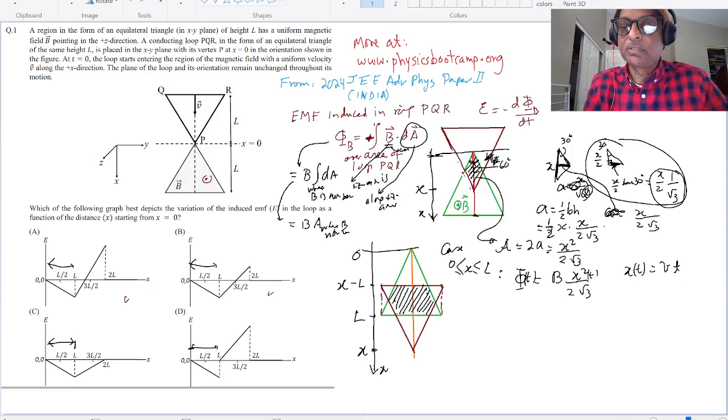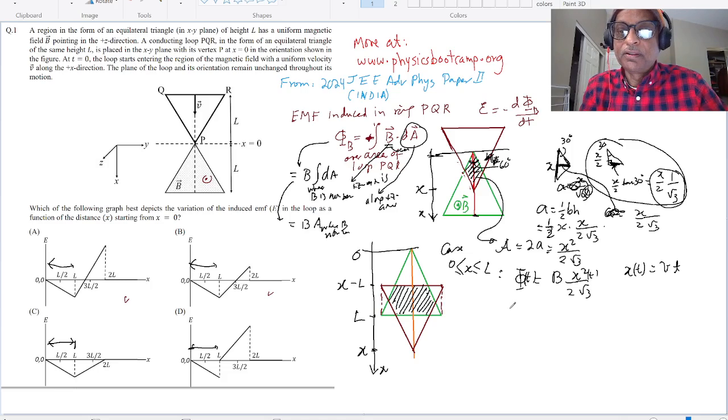So that's going to be, okay, minus d phi, this is magnetic flux, dt. It's just going to be B over square root of 3, the 2 cancels out, x dx/dt, and dx/dt is just v. So B v x over square root of 3.